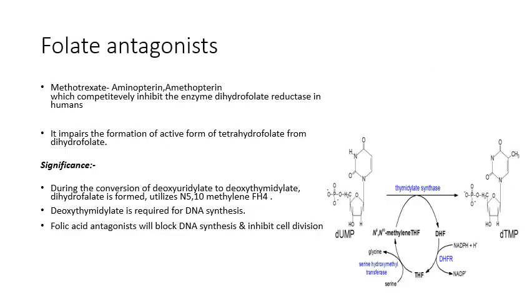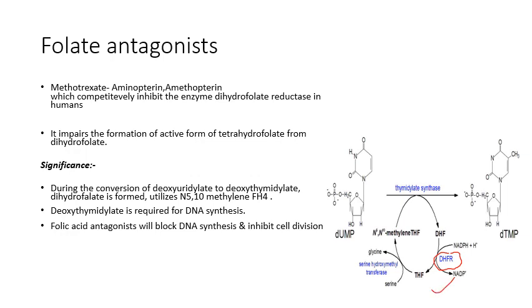Now the folate antagonists: methotrexate, specifically aminopterin and amethopterin. These drugs competitively inhibit the enzyme dihydrofolate reductase in humans. It impairs the formation of the active form, tetrahydrofolate, from dihydrofolate.